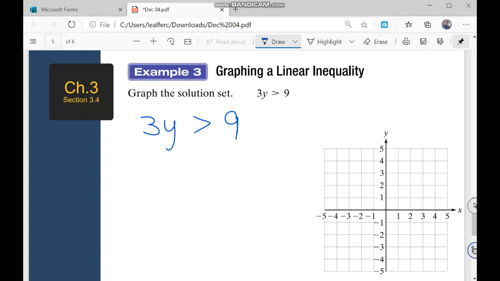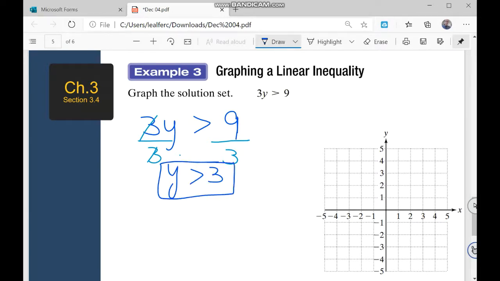That's great. But we don't have x. See, there's no x. So this is another special case. We can solve for y. Divide both sides here by 3. Then you're going to have y greater than 9 divided by 3, which is 3.